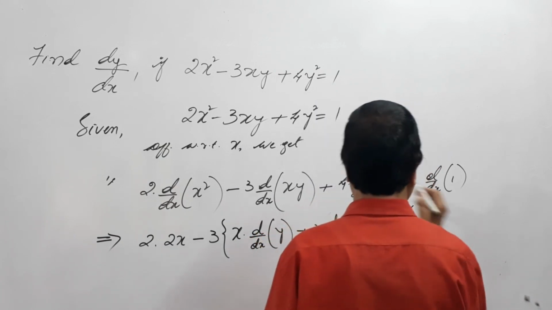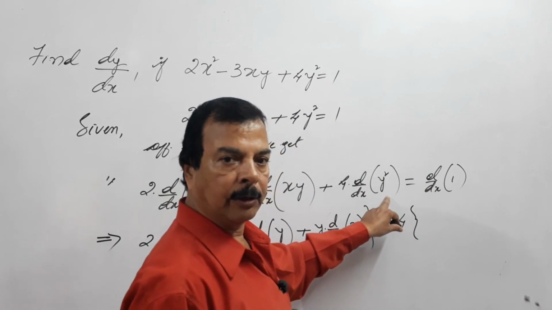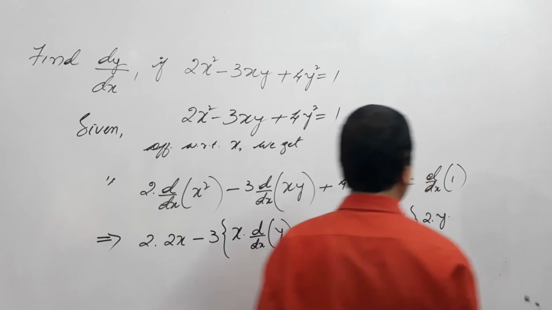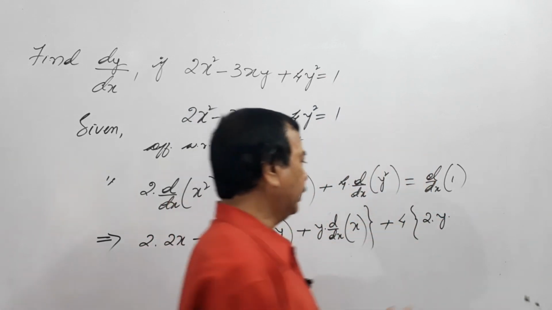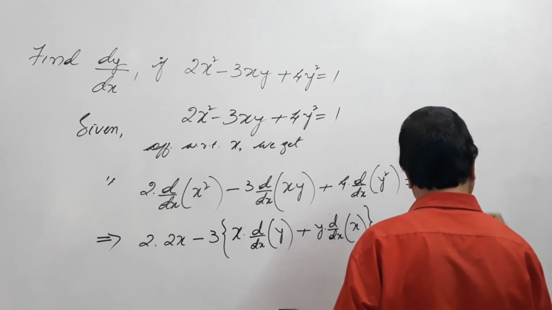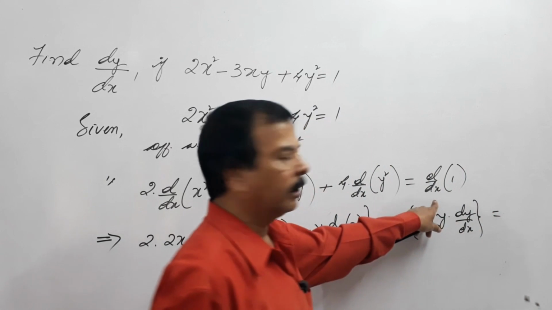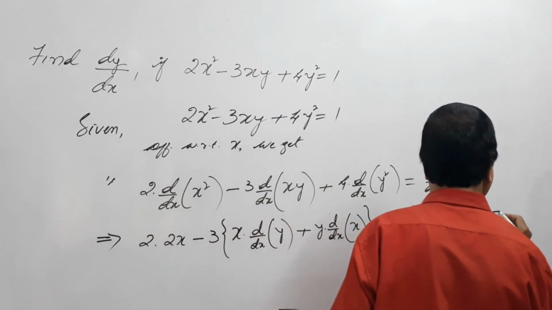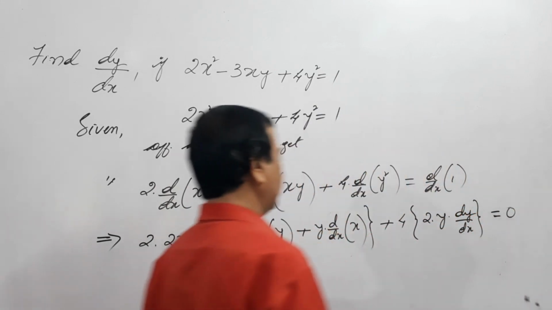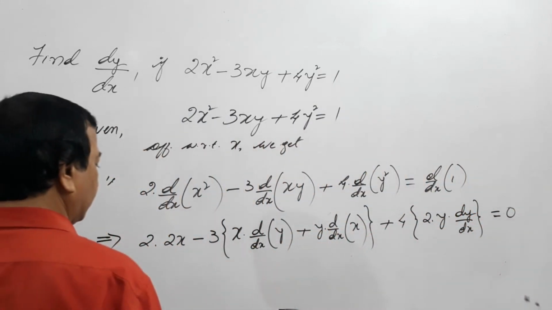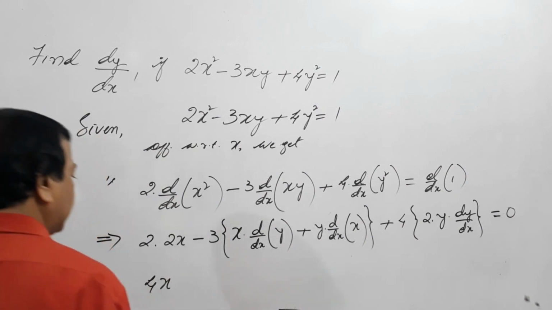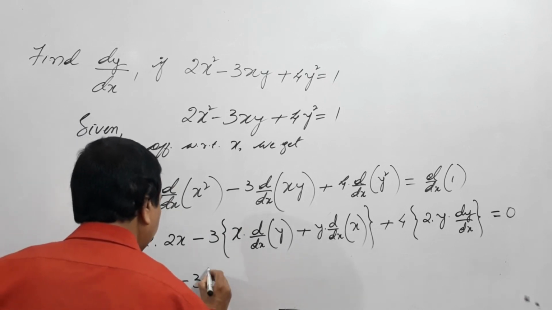so this will be x to the power of n into x to the power of n minus 1. So this becomes 2y into differentiation of y, that is dy by dx. The differentiation of a constant 1 equals 0. So this is equal to 4x minus 3 as it is.